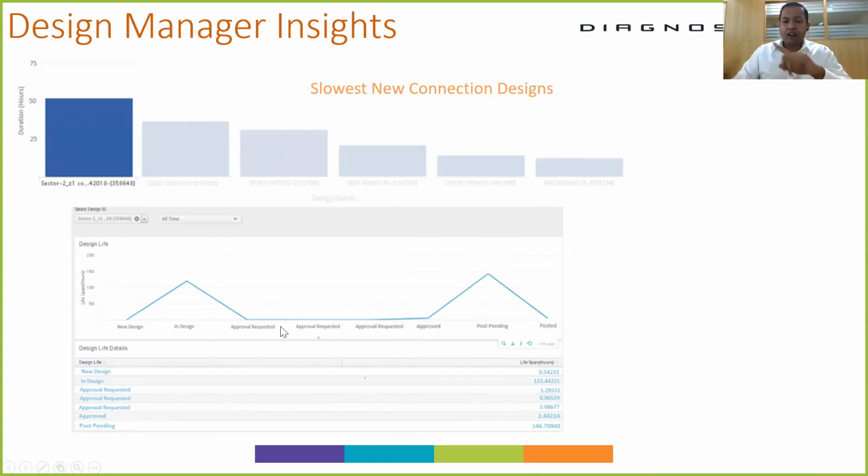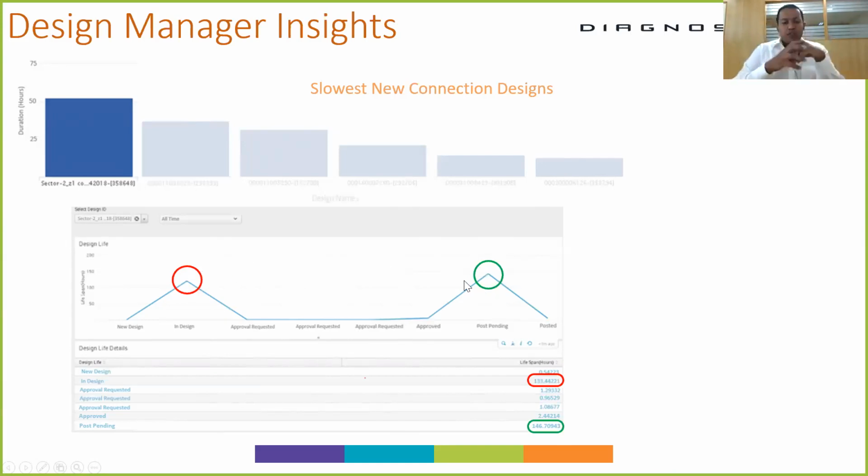The design has gone back and forth a couple of cycles. From this dashboard, I'm going to concentrate on these two peaks that you see here. The first one is during digitization of the data, the in-design state, and the second one is during the posting of the data. I also see the timelines which are associated with these two peaks.